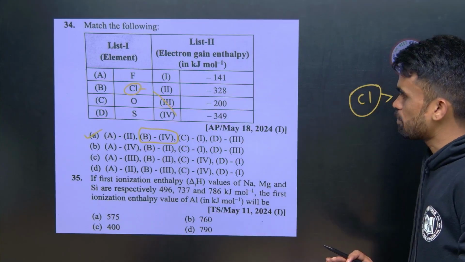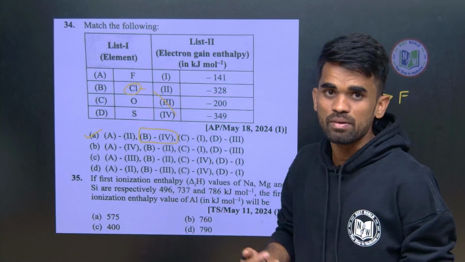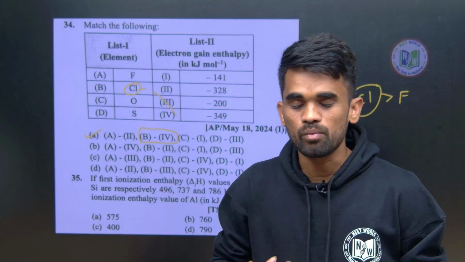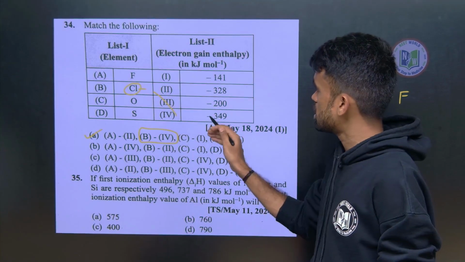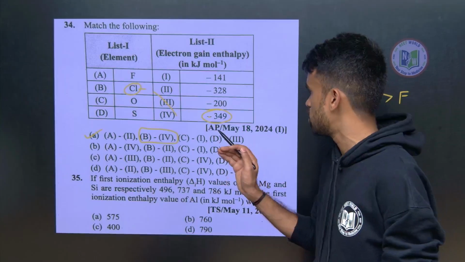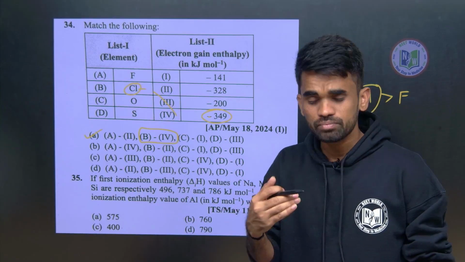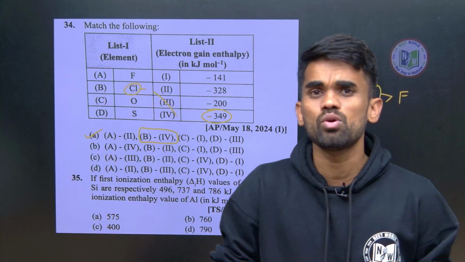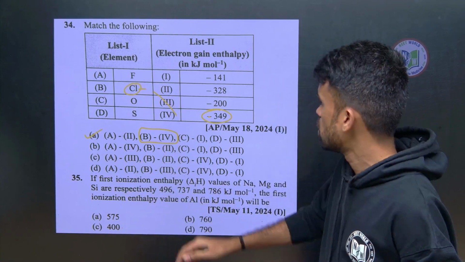Very simple, right? I told you, in the complete periodic table chlorine has the most negative value, the most tendency to gain the electron. That's why more energy is released, and that's why there is a negative sign for the electron gain enthalpy, indicating more tendency to gain the electron, therefore releasing more energy.